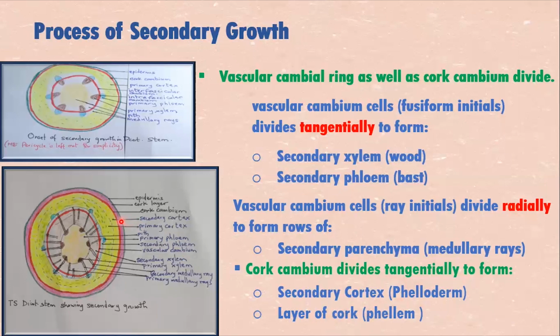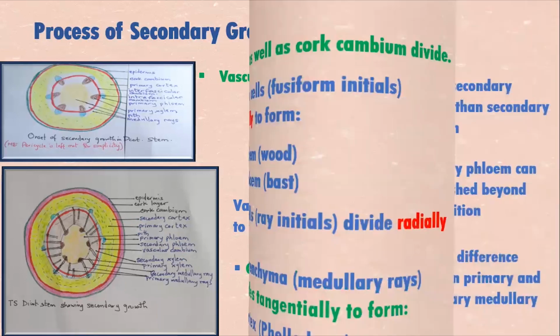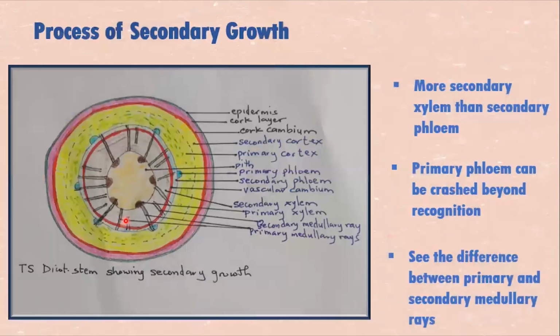Now let's look at what happens in further developments as we study this very carefully. The cork cambium, phellogen, produces the layer of cork, which is phellem, and secondary cortex, and then the vascular cambial ring produces the secondary xylem, secondary phloem, and secondary medullary rays.